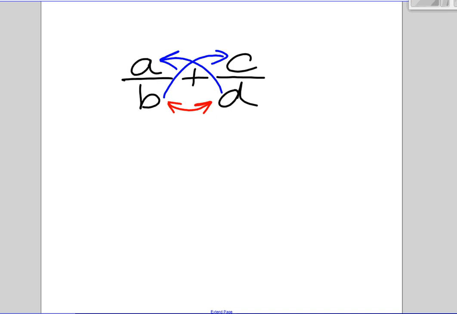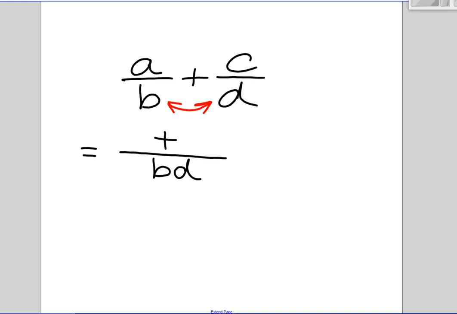Right. So what we're going to do now is actually bring things together. So we get B times D, put that in the bottom. I've kept that plus there. Now got the one fraction, so I'm now going to bring up my D times A, or A times D, doesn't matter the order. I used to do it in alphabetical order, but that's unimportant. But I've got that result there.